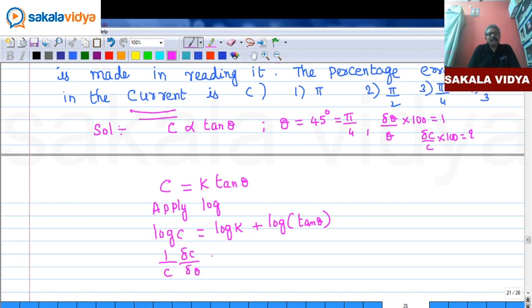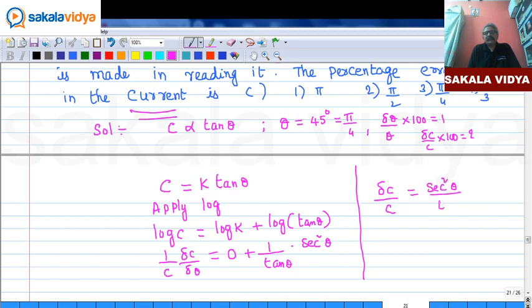Log K is constant, so 0. Log tan theta differentiation is 1 by tan theta, and tan theta differentiation is secant square theta. Now cross multiply: delta C by C equals secant square theta by tan theta into delta theta.